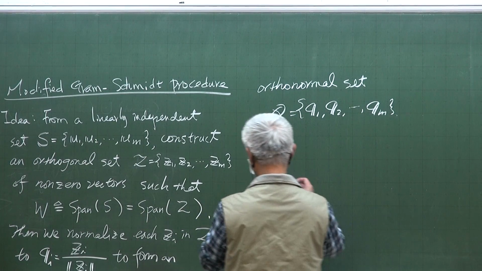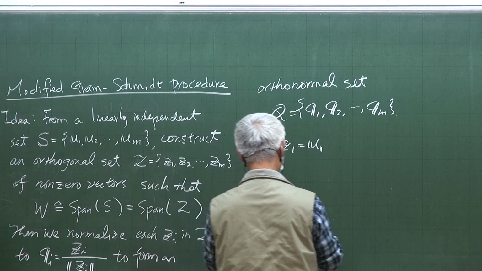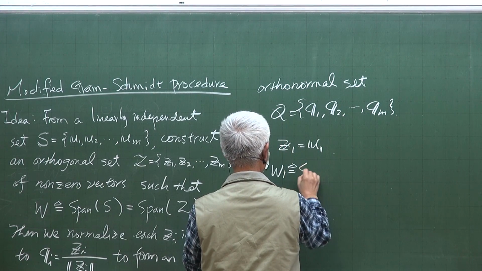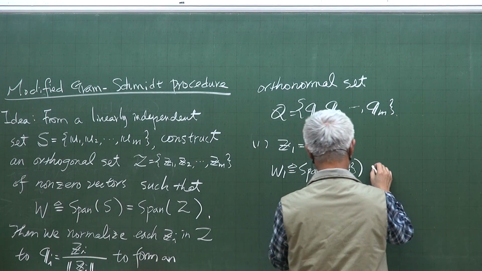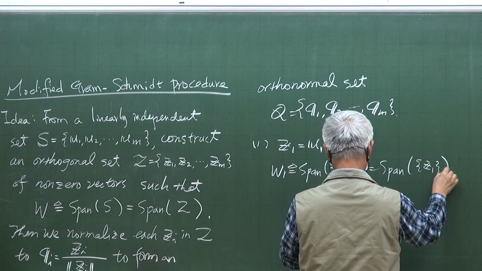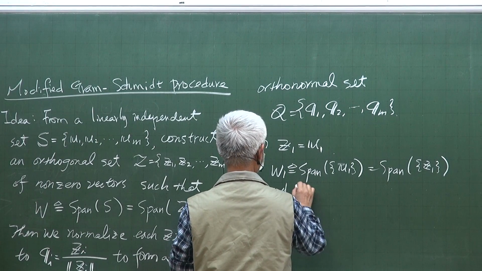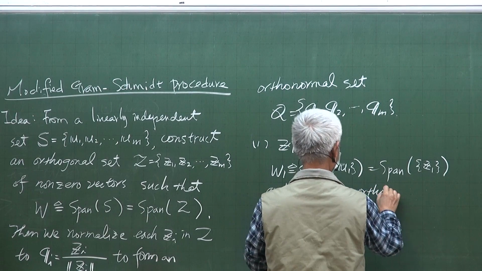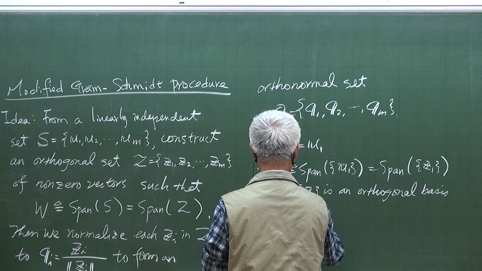Okay, so here is the procedure. Z1 is equal to U1, and so W1, we find, is the span of U1, and U1 is an orthogonal basis for W1.